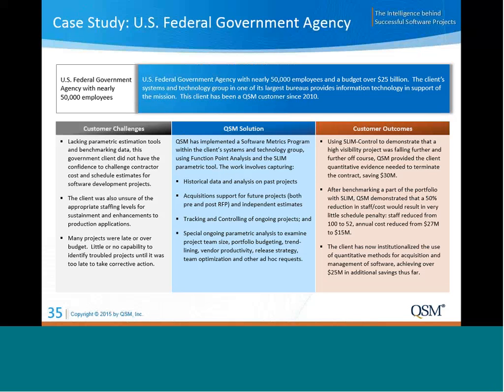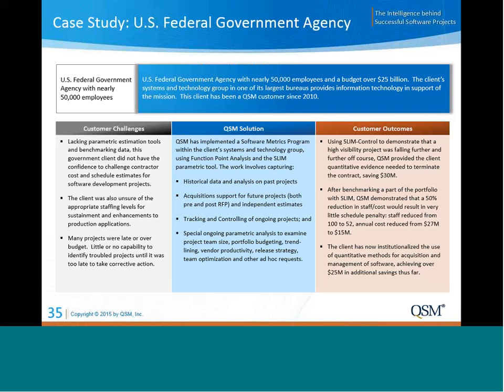So what we did in working with them is we provided a comprehensive solution. We helped them collect historical data on past performance projects. We provided acquisition support for future projects and helped provide independent estimates. We helped do the tracking and controlling of projects once they were underway.